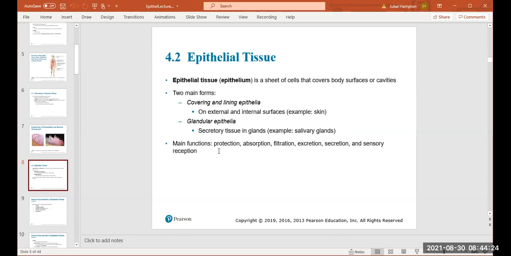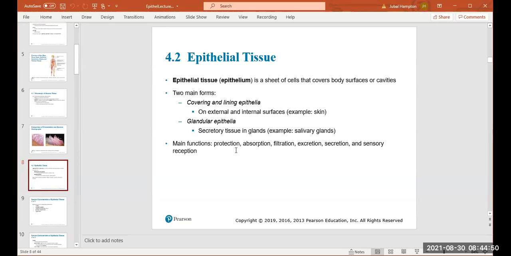Main functions of epithelial tissue are protection, absorption, filtration, excretion, secretion, and sensory reception. And we'll go into more detail as we get into the context here of the lecture. Now, I had already discussed desmosomes, hemidesmosomes, tight junctions, and gap junctions.